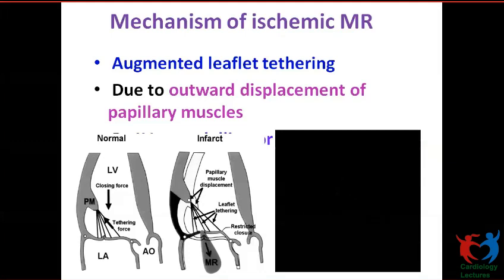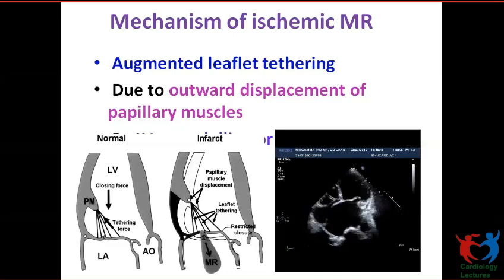So what is the treatment here? Surgery. What do the guidelines say? When do you do it? Suppose the patient is undergoing CABG, what do you do? Mitral valve repair. Repair or replacement? Replacement.